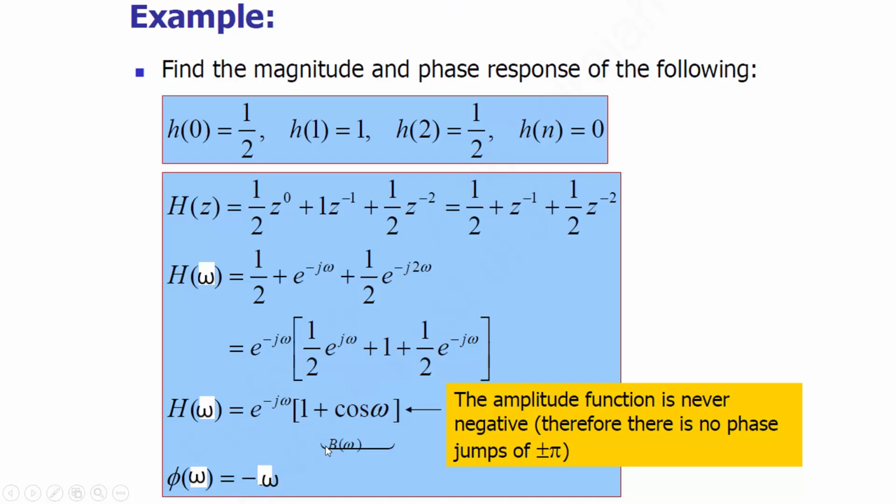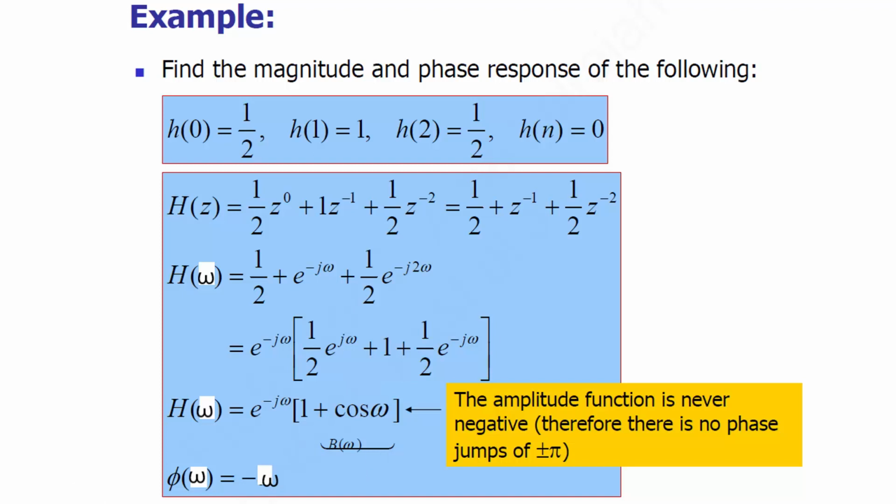But for the values of omega for which the magnitude part is negative, the phase will have to accommodate this negative value by having a jump of plus minus pi. How you make the plus minus pi jump depends on keeping the phase response always an odd function. Magnitude response is always an even function, and phase response is always an odd function.